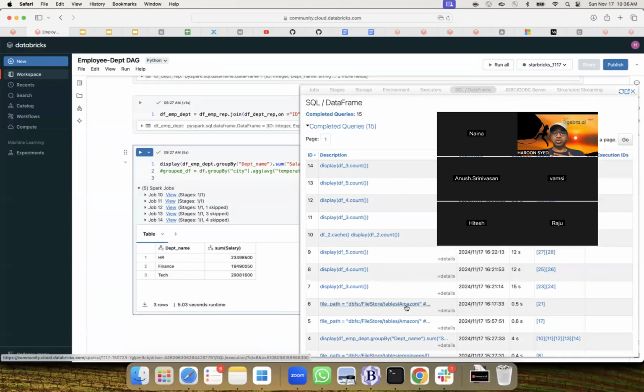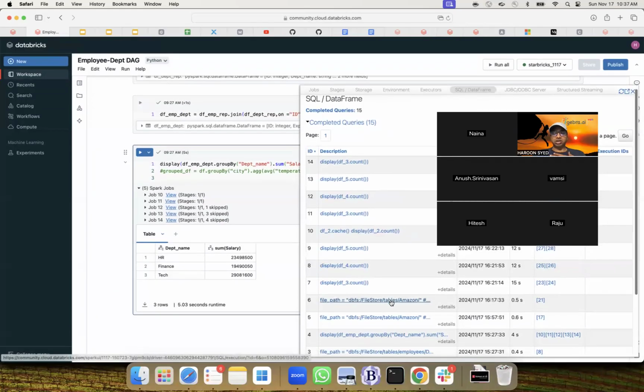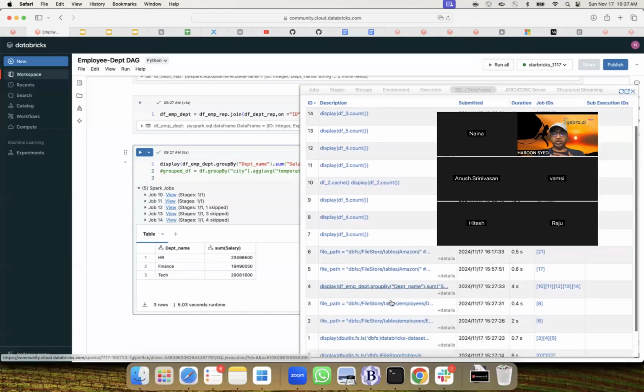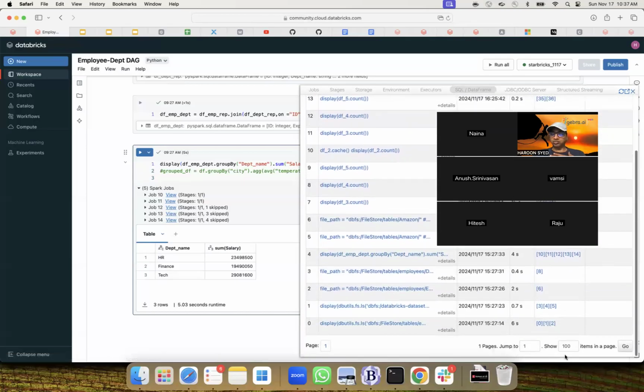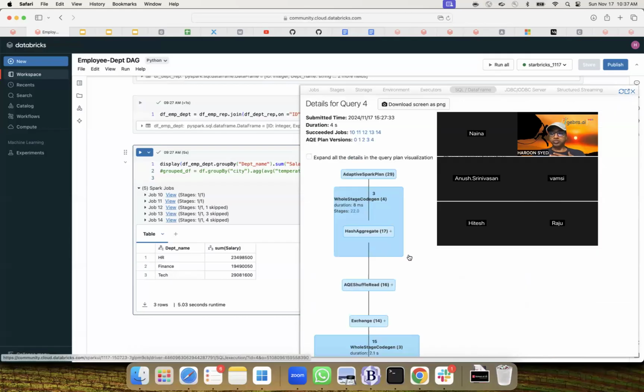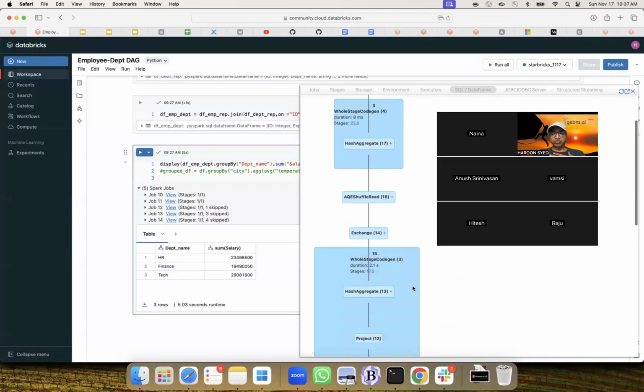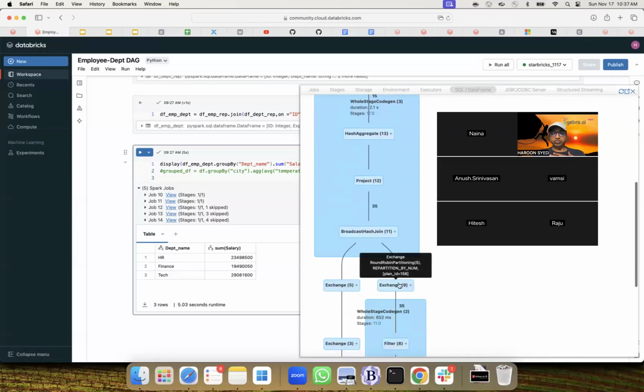Let's go to SQL. It gives everything. See here.